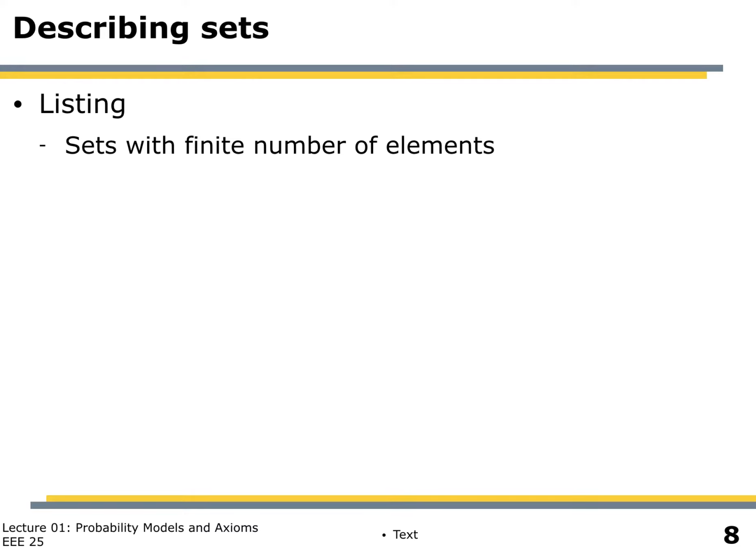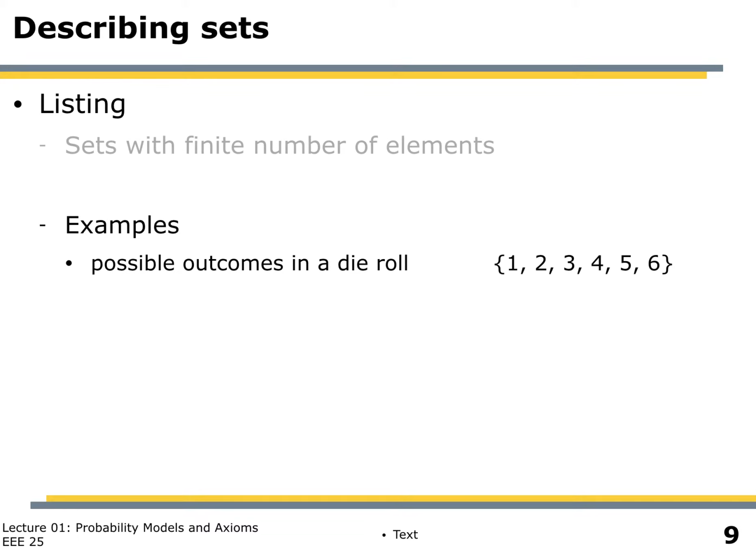This is the most straightforward way. And usually, we list down the elements of a set when we know that the elements of that set are finite. So for example, again, in days of the week, we can just list down the 7 days of the week, Monday to Sunday. Another example would be to list down the possible outcomes in a die roll.